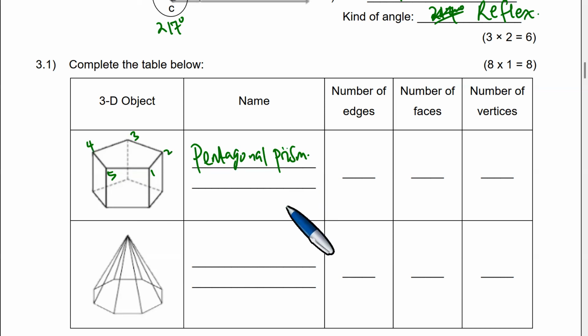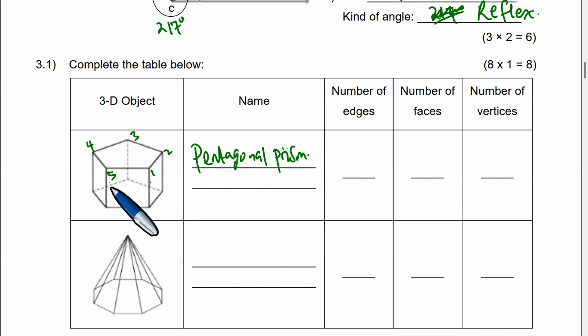Number of edges. How many edges are there? 5. Okay, let's count. So this is an edge. That's 1, 2, 3, 4, 5. The top has 5. The bottom has also 5.